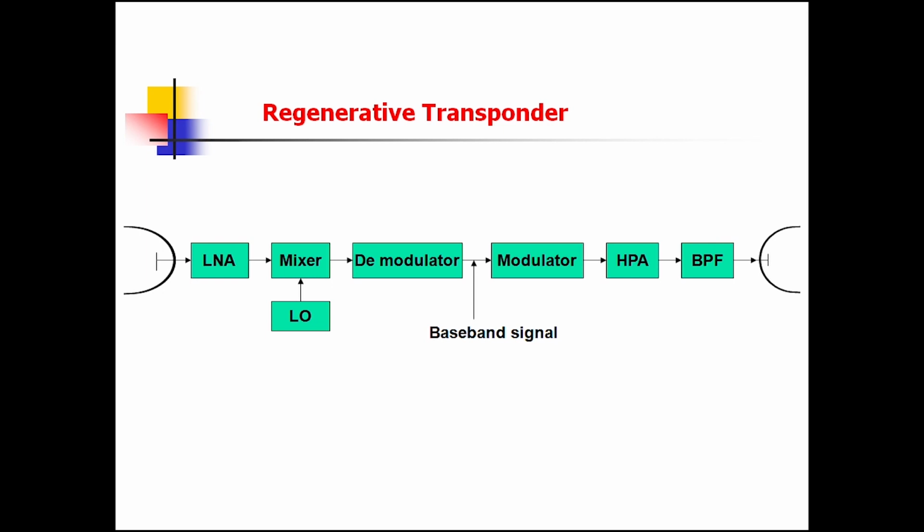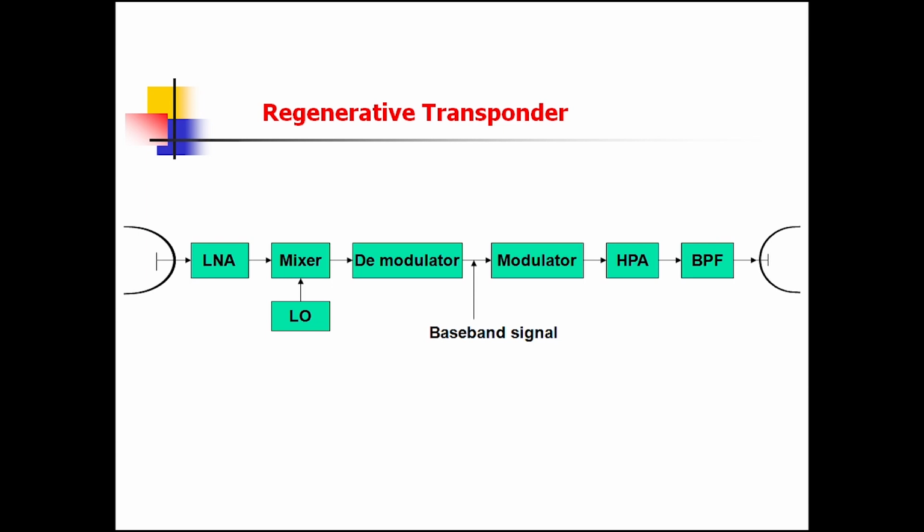See the block diagram of the regenerative transponder. In single and double conversion transponders, we cannot really tell where the receiver ends and the transmitter begins. Whereas in regenerative transponder, we can know where the signal ends and where the transmission begins.